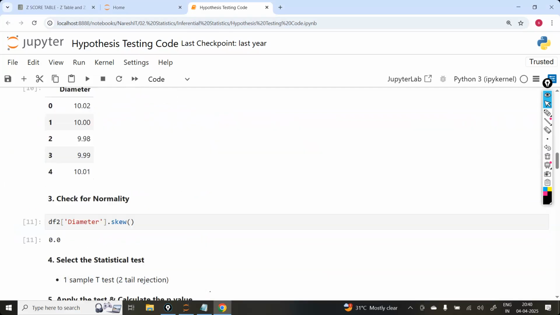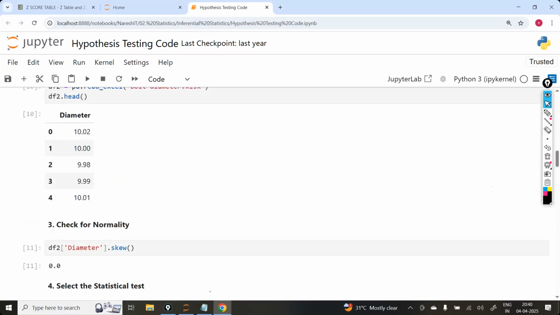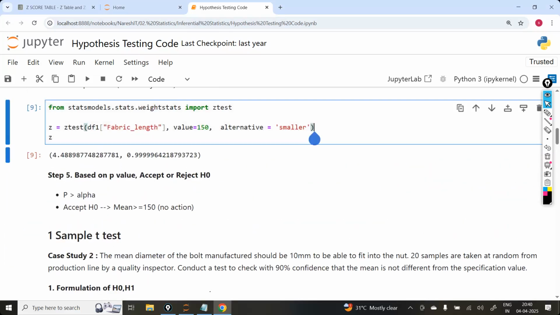Same. In the t-test also the same. Data, population mean, and alternate. Same. Whatever you have written in the z-test, same. Govardhan, clear? Done.